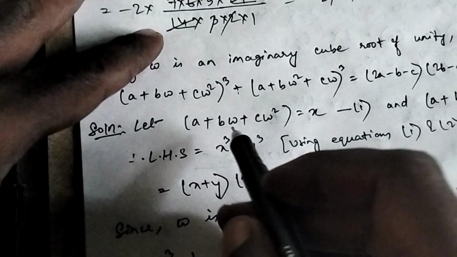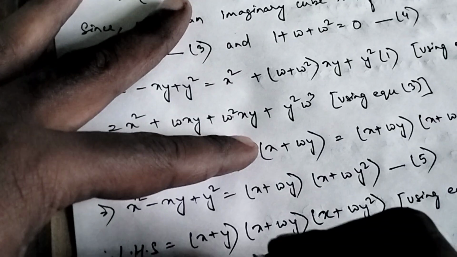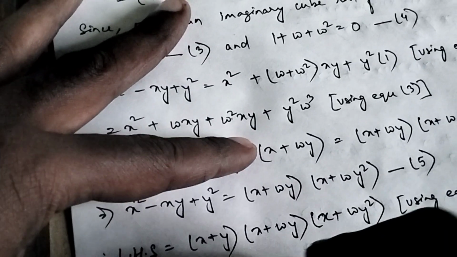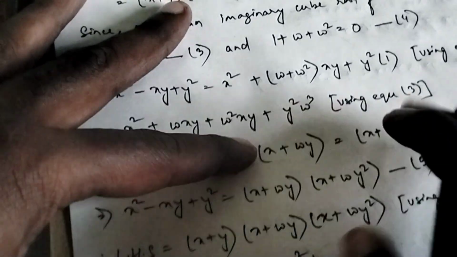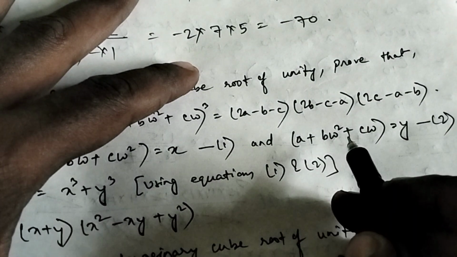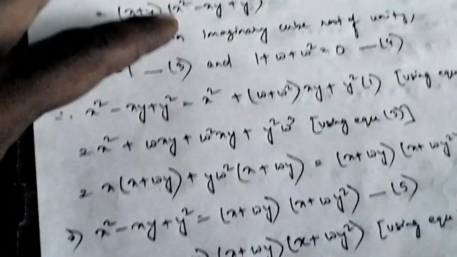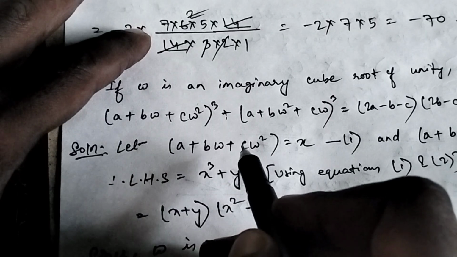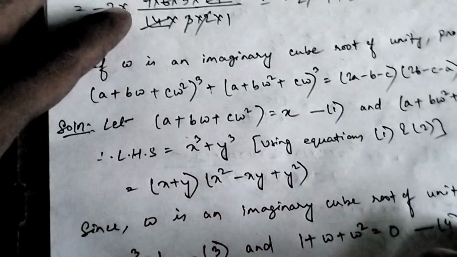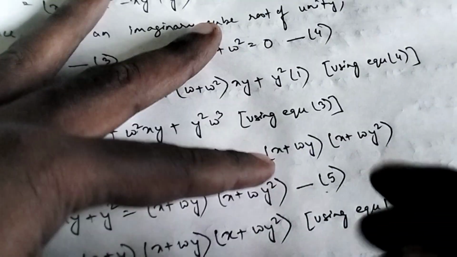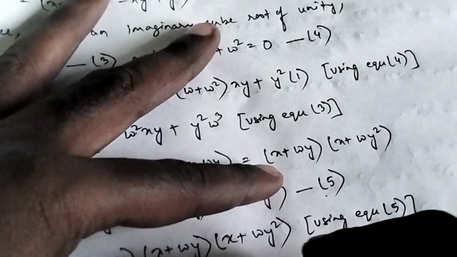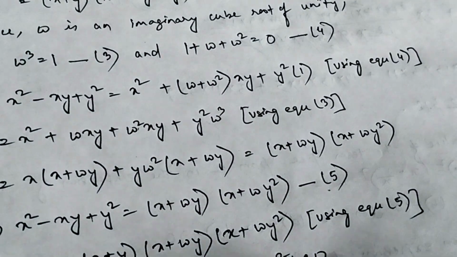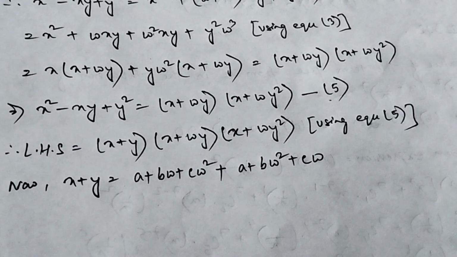X is a plus b omega plus c omega square, and y is a plus b omega square plus c omega. Okay, this is x plus y.